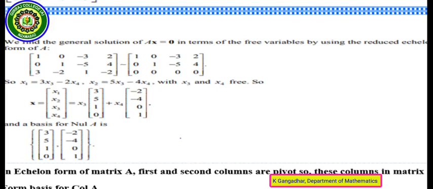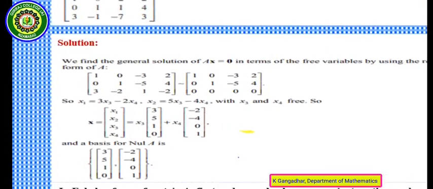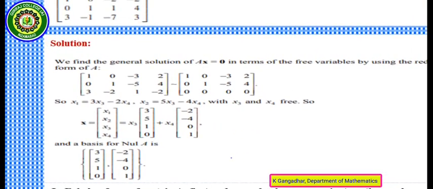The remaining two columns are linear combinations of these two columns, meaning free columns. So the first and second columns form a basis for the column space, and the third and fourth columns correspond to the null space. So the basis for the column space is the first and second columns, since they are pivot columns.